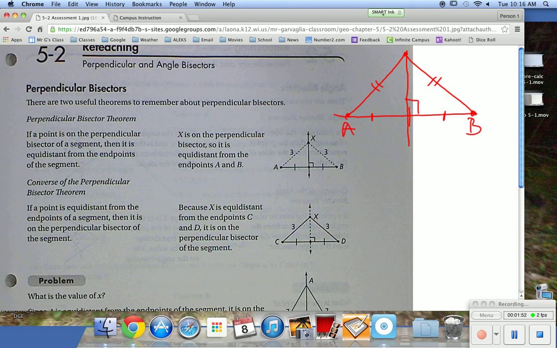Yeah, and when you put that rod in the middle to hold the tent up, you try and make it as straight up and down as you can, don't you? And I'll bet you when you make it perpendicular down here, it makes these sides equal. You're equidistant from this side to this side. All right? It splits that in half. That's what they're trying to tell you here.